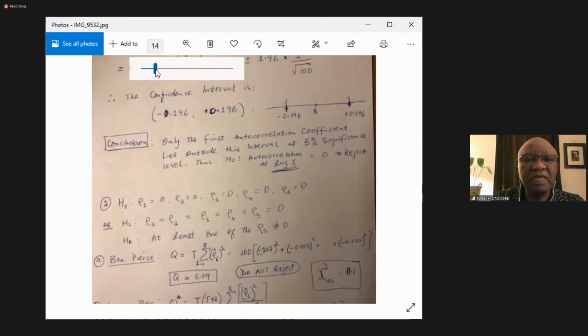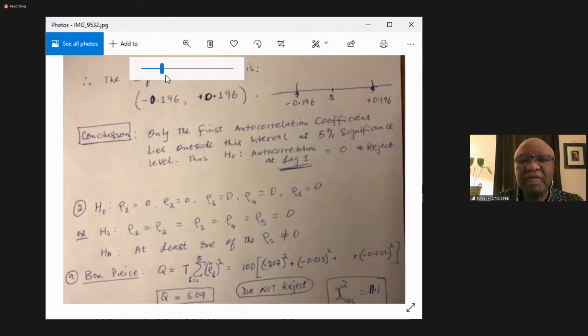All right. So look, for the individual tests, H0: autocorrelation at lag L, I just use 1 here, is 0. So autocorrelation at lag 1 is 0.